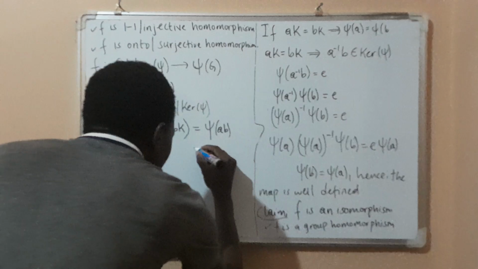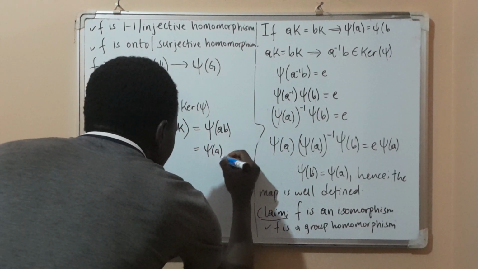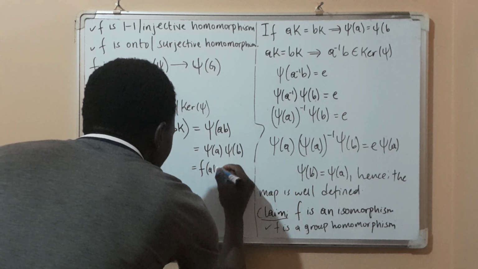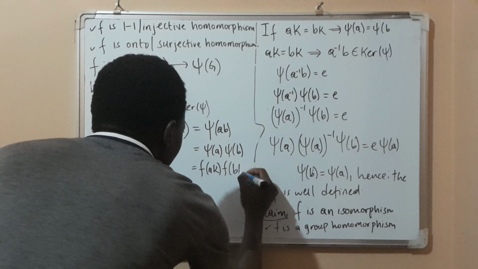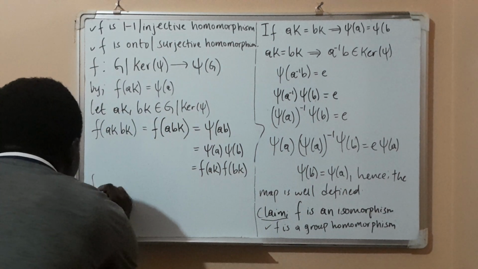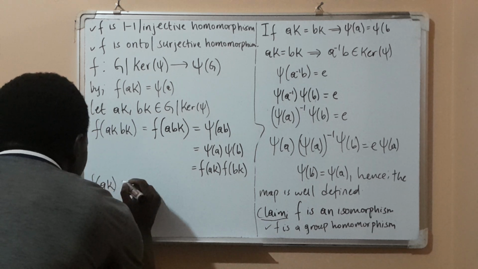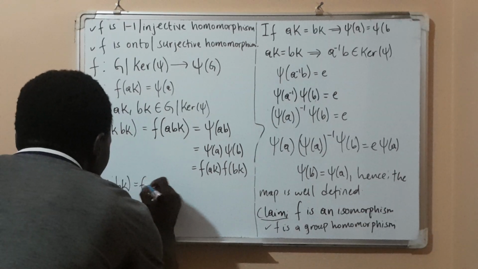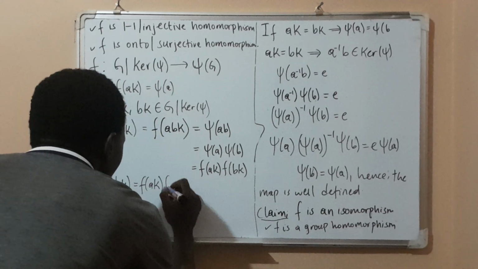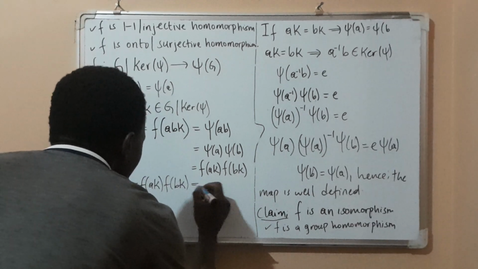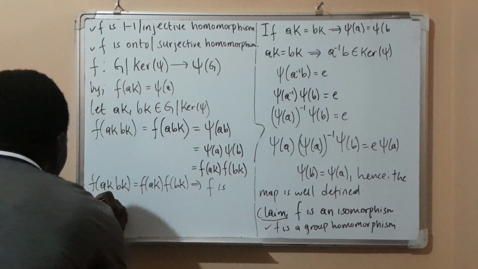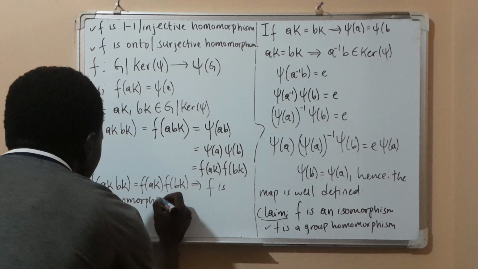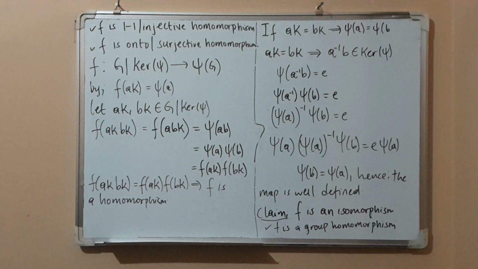So this is equal to phi of A phi of B. But phi of A is F of AK, and this is F of BK. So in particular, we have shown that this is equal to F of AK F of BK. So this implies that F is a group homomorphism.